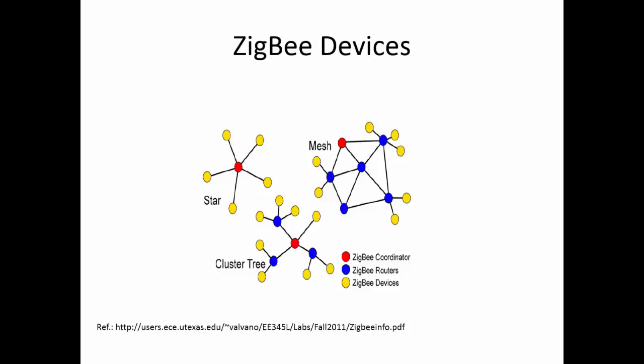ZigBee networks include coordinators, routers, and end devices. A variety of topologies such as star, tree, cluster tree, and mesh are supported. The coordinator starts and controls the network. The coordinator stores information about the network, which includes acting as trust center and being the repository for security keys.